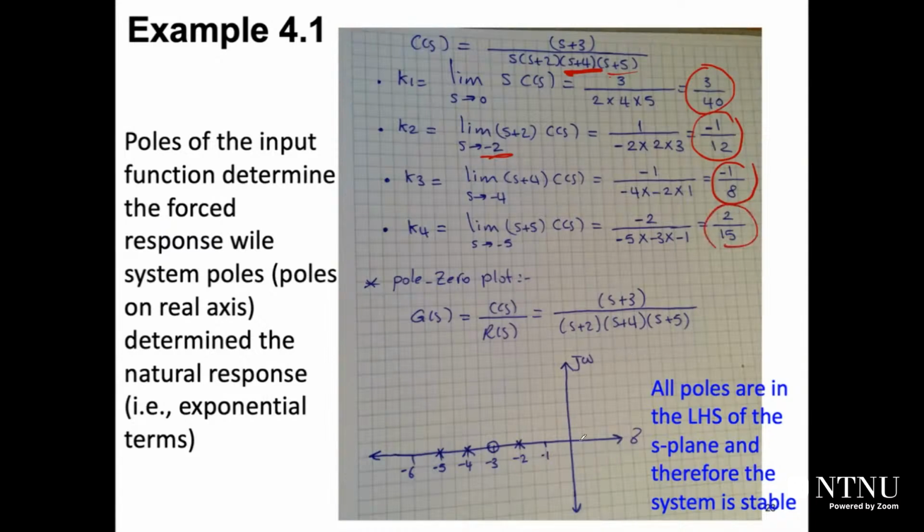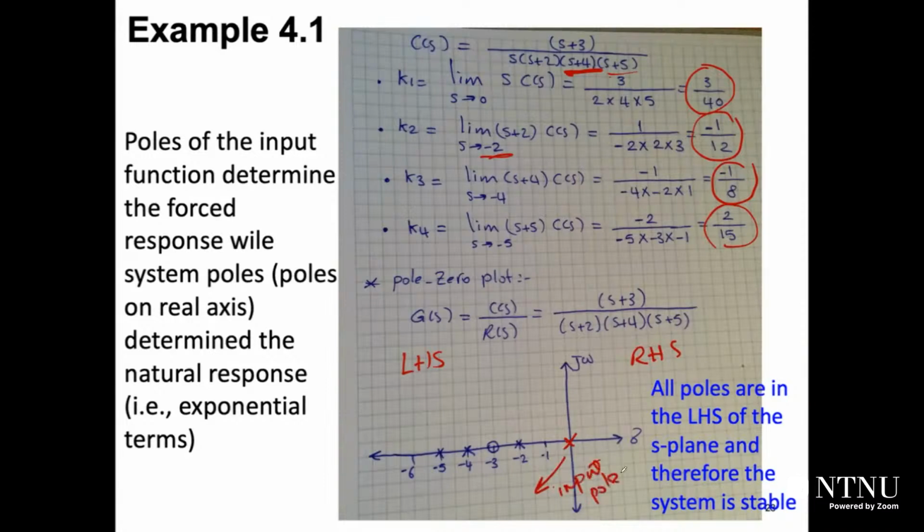So in the pole-zero plot, as we did, all poles are in the left-hand side of the S plane, and therefore the system is stable. Your system is stable because all poles are located in the left-hand side of your S plane. The right-hand side is clean, so we don't have any problem. And of course, we also have something at 0, which we call the input pole.